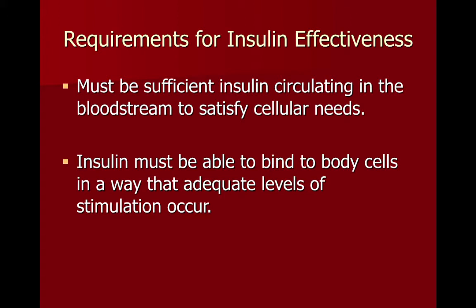Jumping ahead a little bit, the first one is that type 1 diabetic, where they don't produce any, so they have to have supplementation. And for the type 2 diabetic, it can actually be kind of both. It can be sufficient insulin, but the body's not binding to it the way that it should to be most effective.